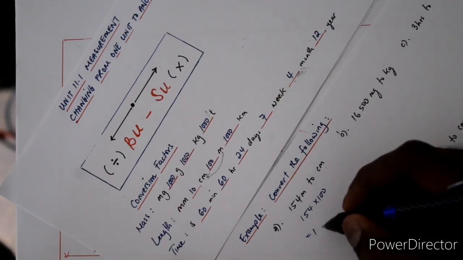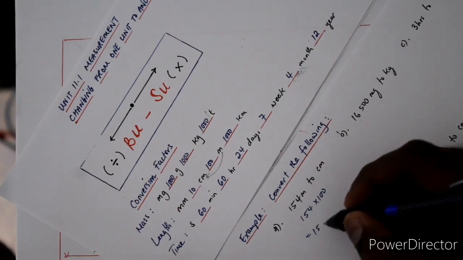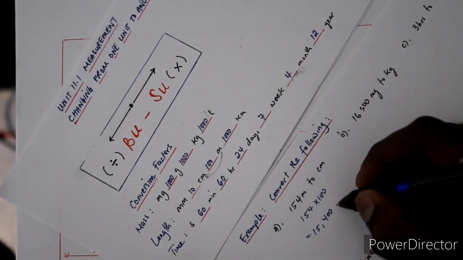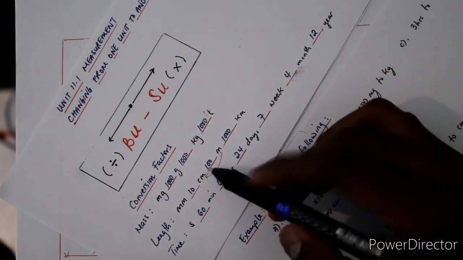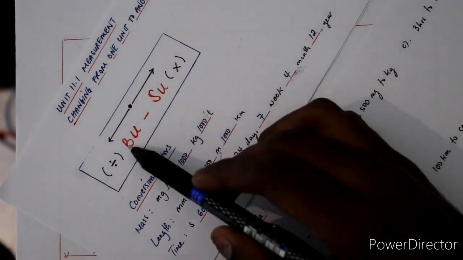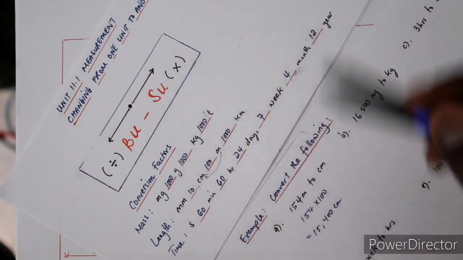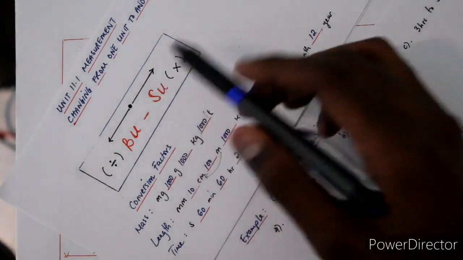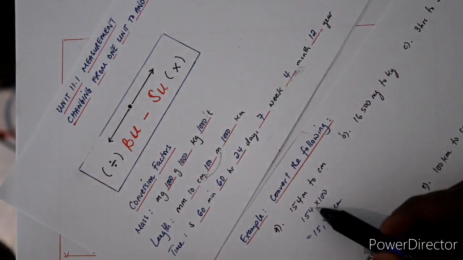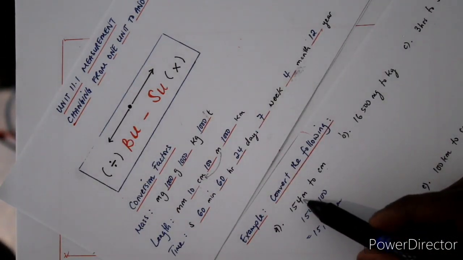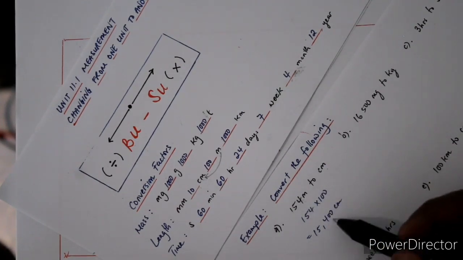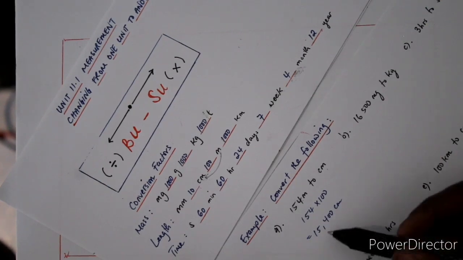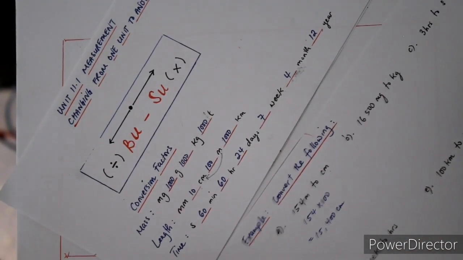We will have 15,400 centimeters. So, bigger unit to smaller unit, we multiply. When we multiply, the decimal point moves to the right hand side. Every whole number has its decimal point at the back, after the last number. So you go 1, 2, and you have 15,400 centimeters.